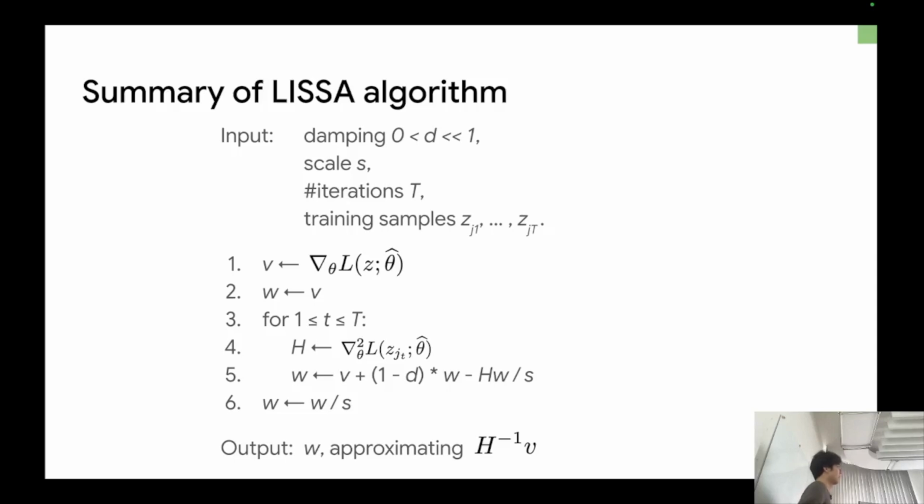As long as s is in the range that does not induce any numerical error in your approximations, let's say s is super large, then scaling things down super small will introduce some numerical errors. So you don't want to pick this to be a super huge quantity. But at the same time, you don't want to make this too small to make things not bounded by 1, right? But the allowed range of values for s will be, I would say, quite wide. So s is probably less sensitive to the choice of hyperparameter. But for d, yeah, I think this could be a little bit tricky.